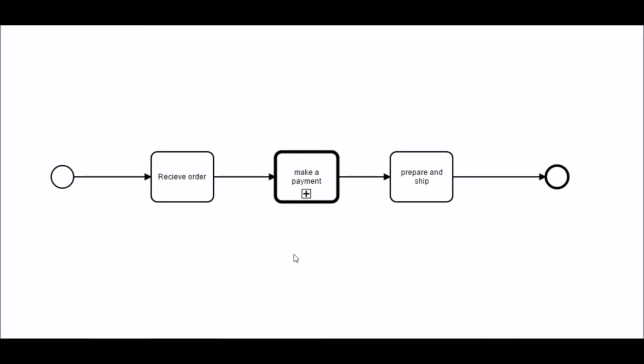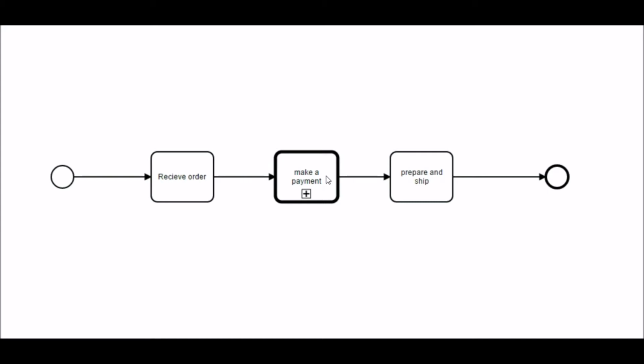Consider a simple example of process order. Whenever a process receives an order, it will make a payment, and after the payment is successful, it will prepare and ship the order. Here we have make a payment as a separate process and call it here using call activity.